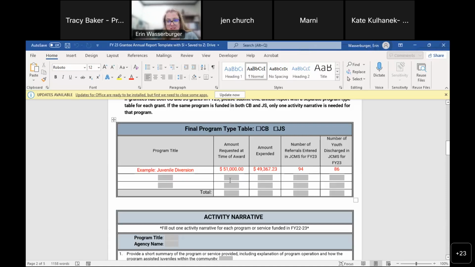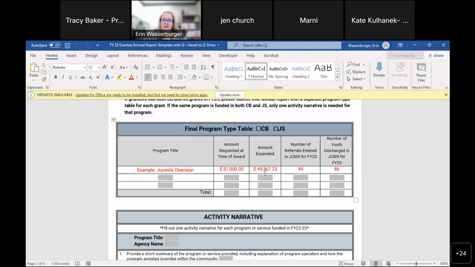One of the questions that came up quite a bit last year was with regard to the amount requested at the time of the award and the amount expended. That might not line up exactly. For some of you who've moved monies around at the end of the year or mid-year, the amount requested at the time of the award would be what you requested back when the grants were due.